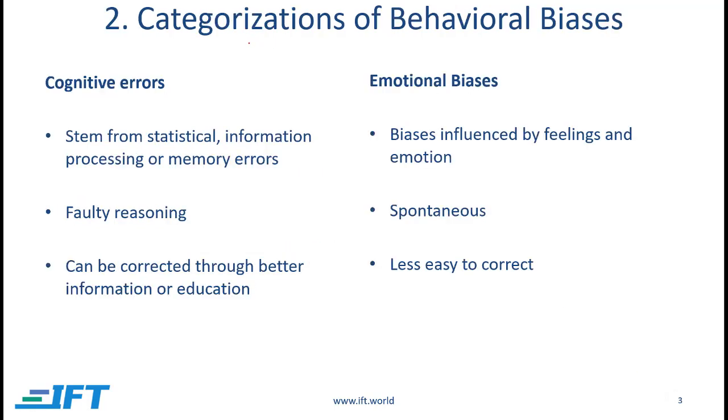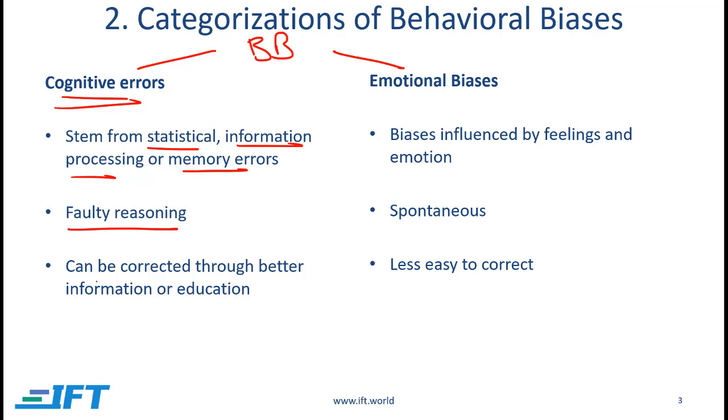At a high level, we can say that behavioral biases can either be cognitive or emotional. Cognitive errors stem from statistical information processing or memory errors. They can be based on faulty reasoning, but these sorts of errors can be corrected through better information or better education.